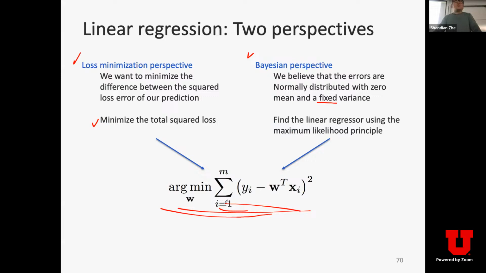So actually, this is just one coincidence between non-Bayesian learning and Bayesian learning. There are actually many such connections. Nearly every Bayesian learning model can find a non-Bayesian counterpart.